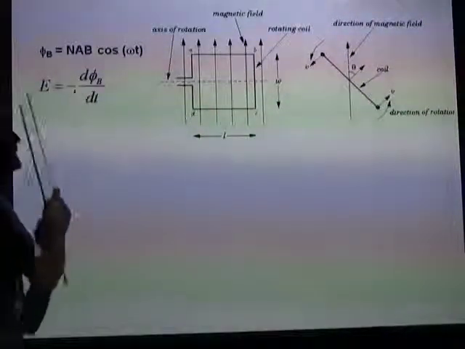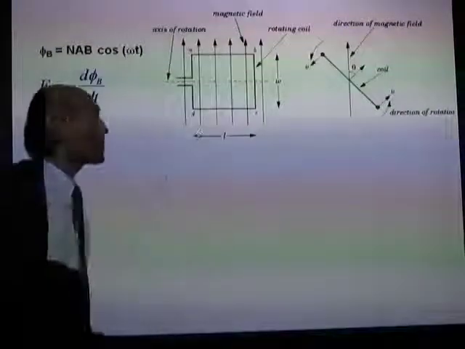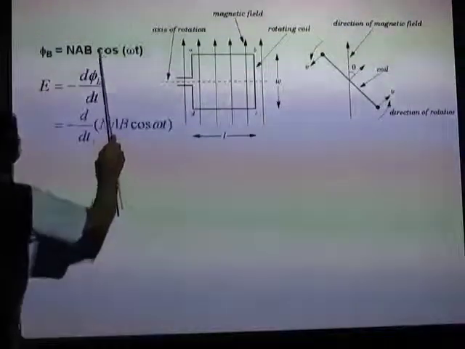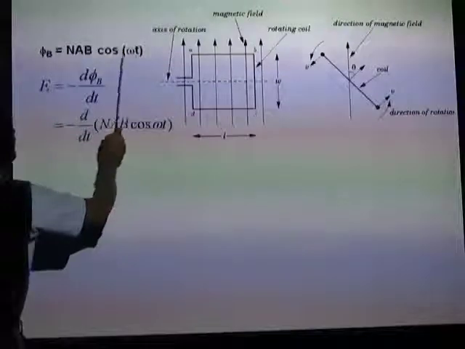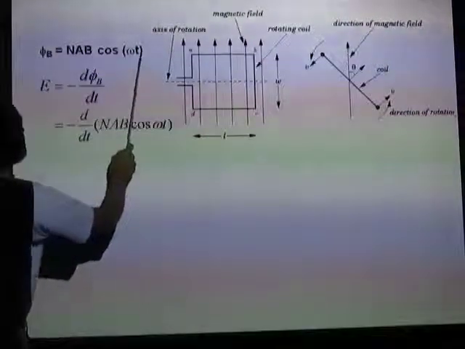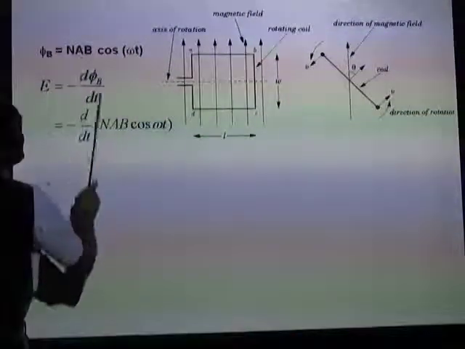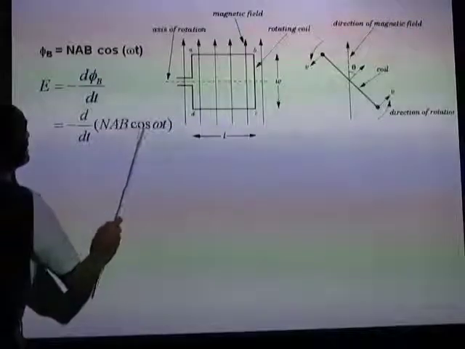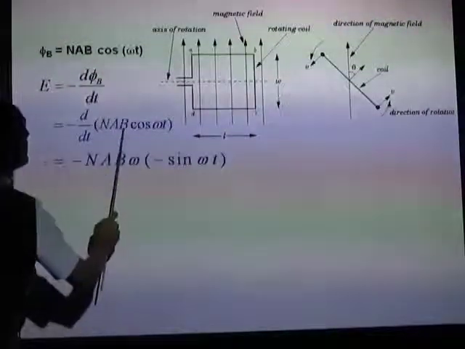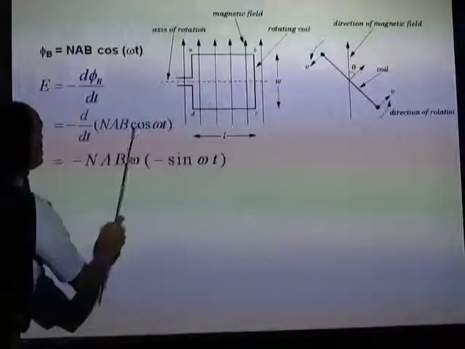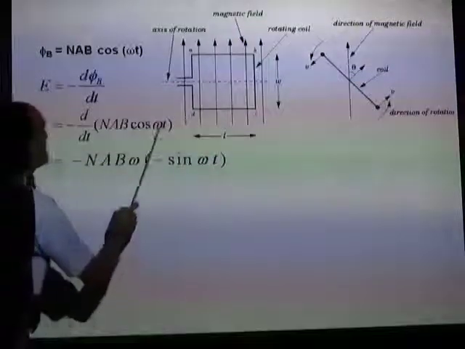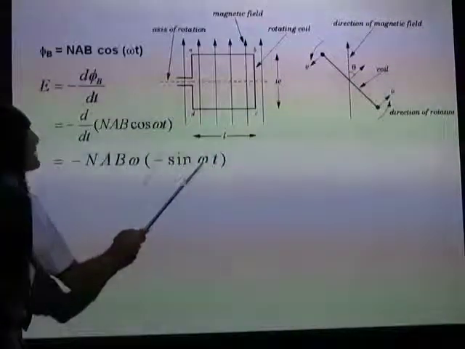Of course, the negative sign comes from Lenz's law. Now, NAB is a constant, and the derivative of cos omega t will be negative omega sine omega t.